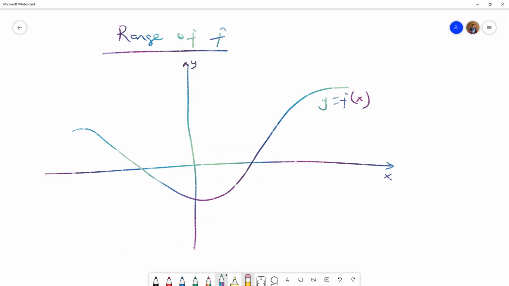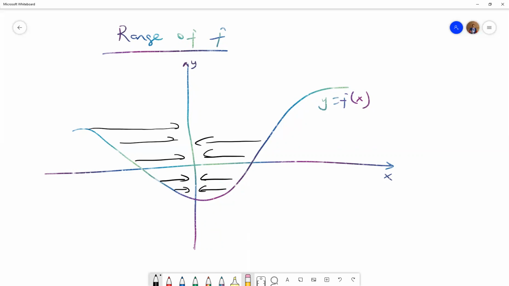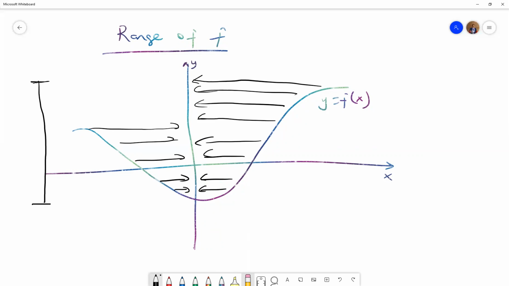So let's find it. Now we have to find the shadow of the curve on the y-axis, like that, and it's going here like that, at the end maybe here. So here is the range.